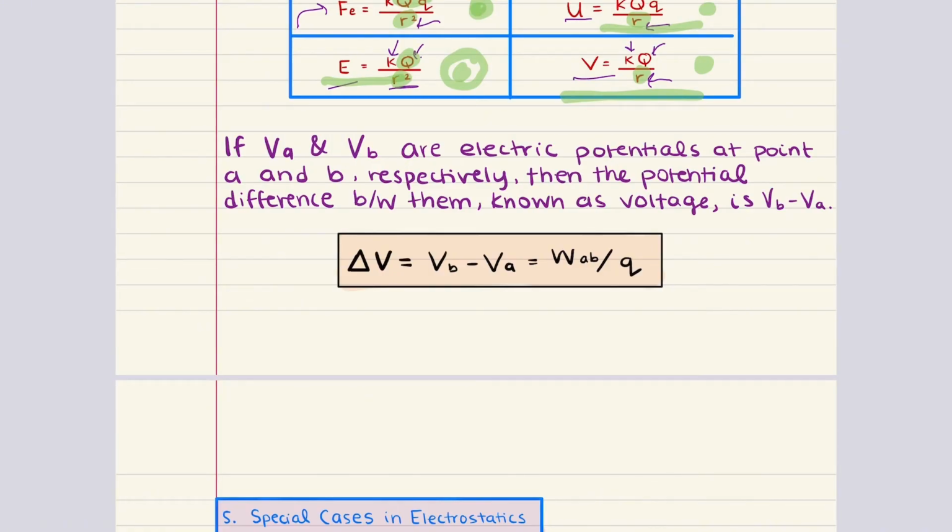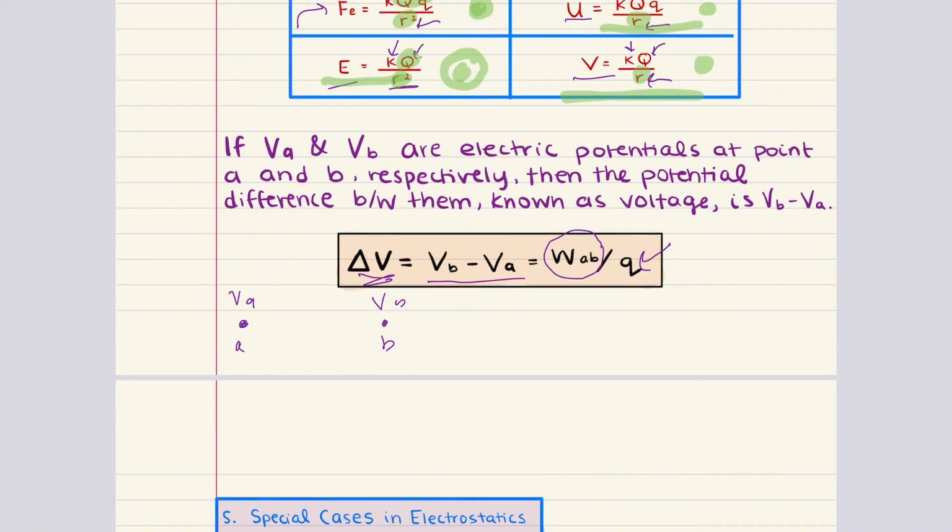If we consider 2 points A and B with electric potentials VA and VB, the potential difference between these 2 points is given by delta V, and that is equal to VB minus VA, which is equal to WAB, the work done in moving a charge from point A to point B, divided by Q, the charge being moved. Voltage is fundamental to understanding how electric potential changes in space.